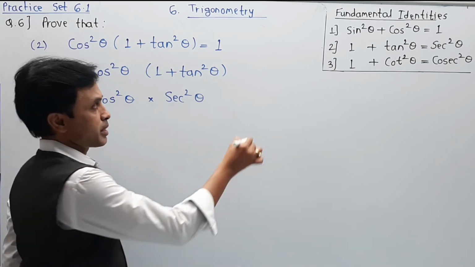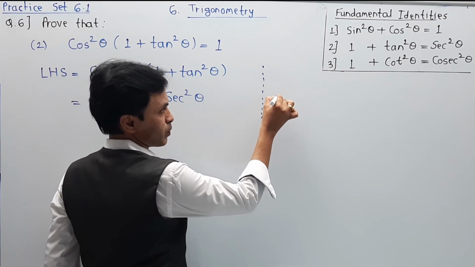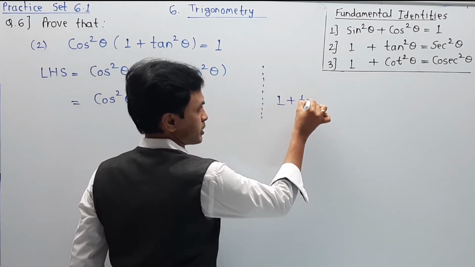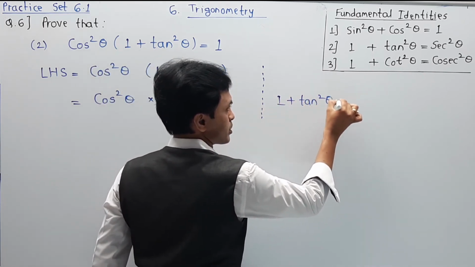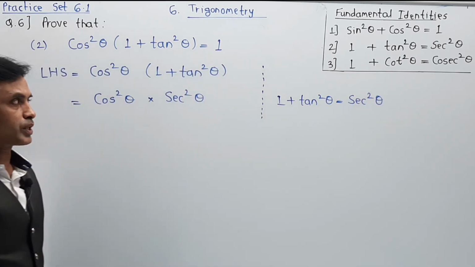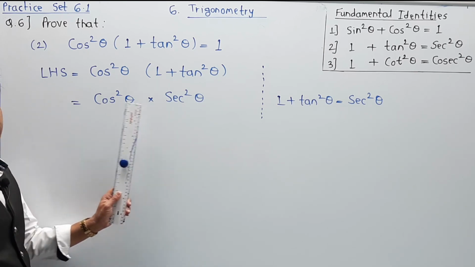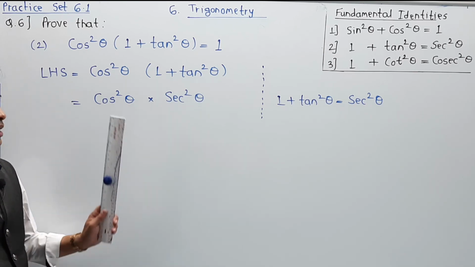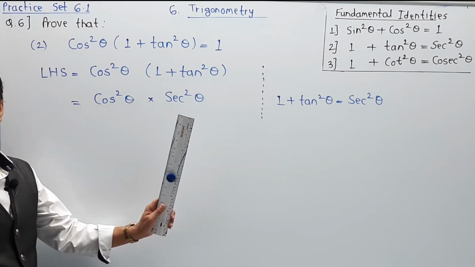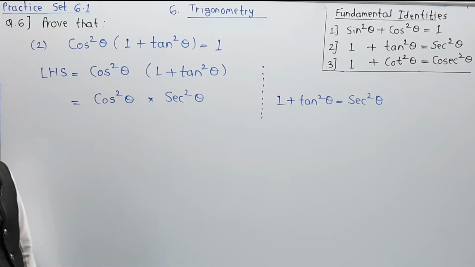You can give the same reason here: 1 plus tan square theta is equal to sec square theta. Now moving to the next part, cos square theta into sec square theta. Remember, cos and sec are reciprocal of each other. Naturally cos square theta and sec square theta are also reciprocal of each other.